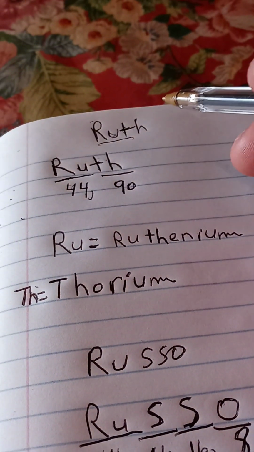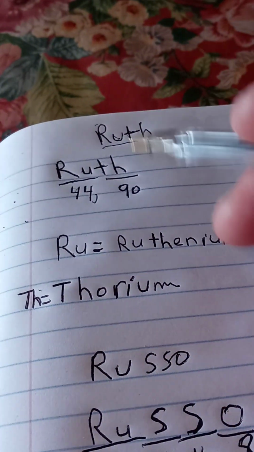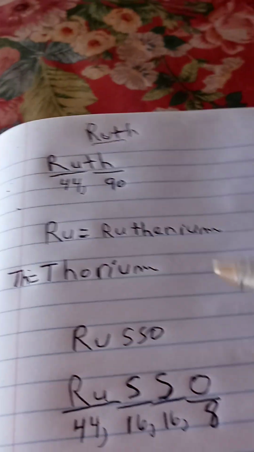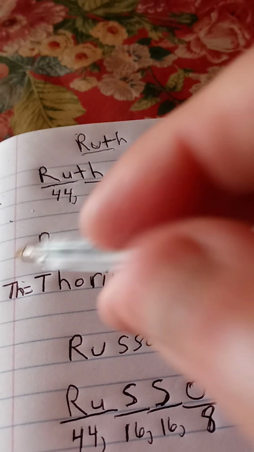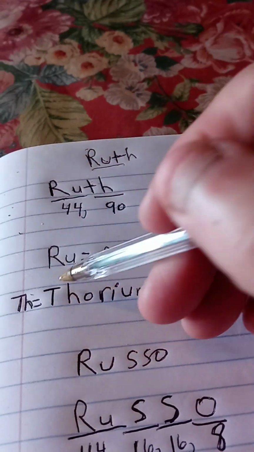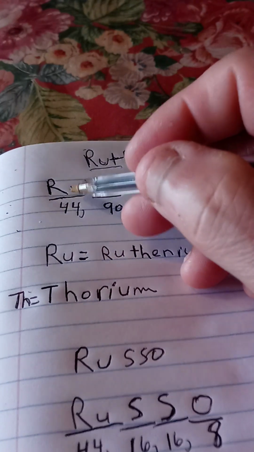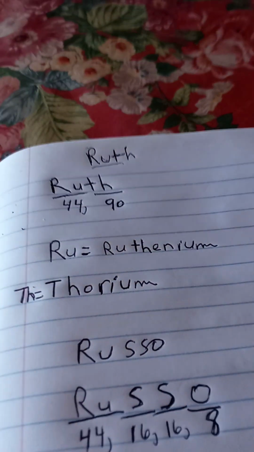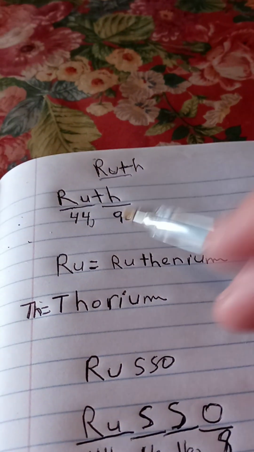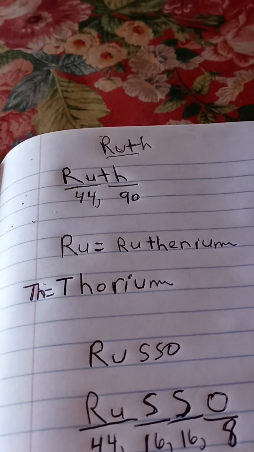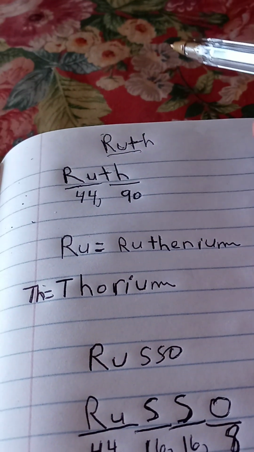How do we do that? Quite simple. When you have two letters to represent an element like ruthenium, it's capital R and a small u. The first letter is capital, like the R, and the second letter is a small case letter, like the u. That's how you write down the R and the U in the periodic table of elements.